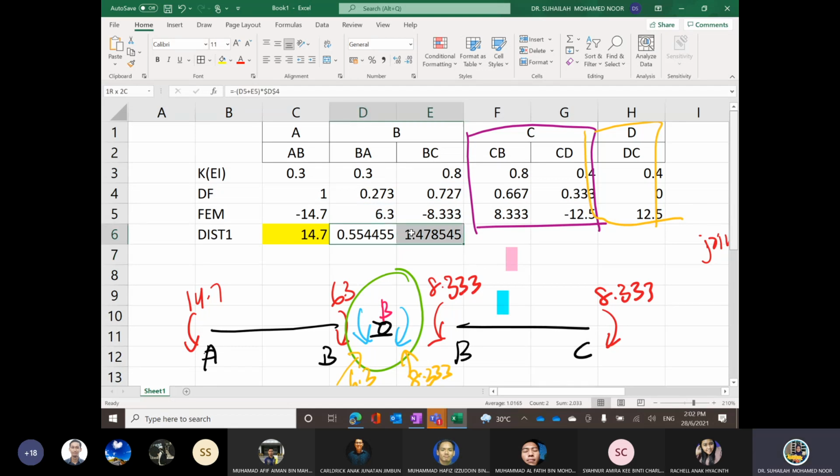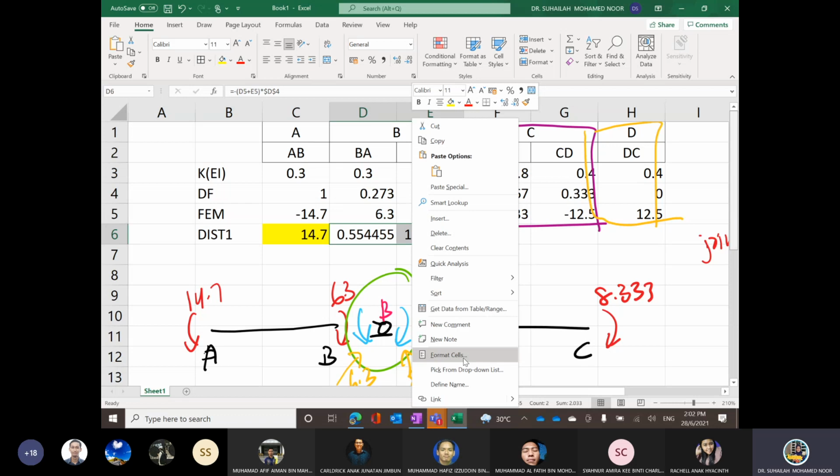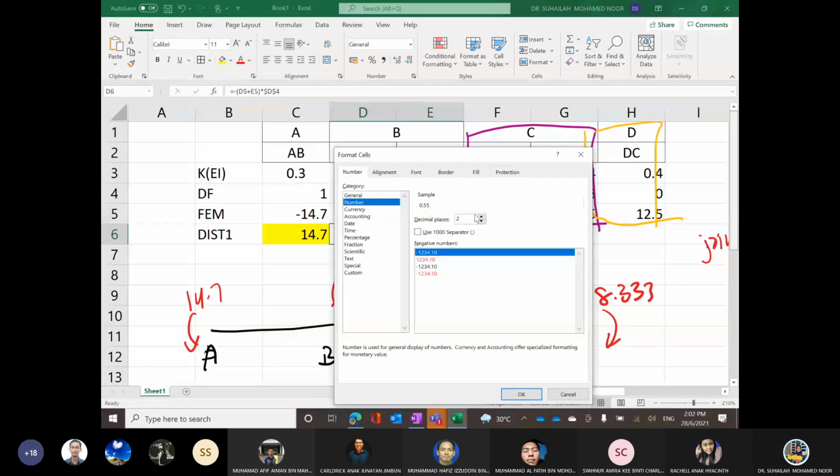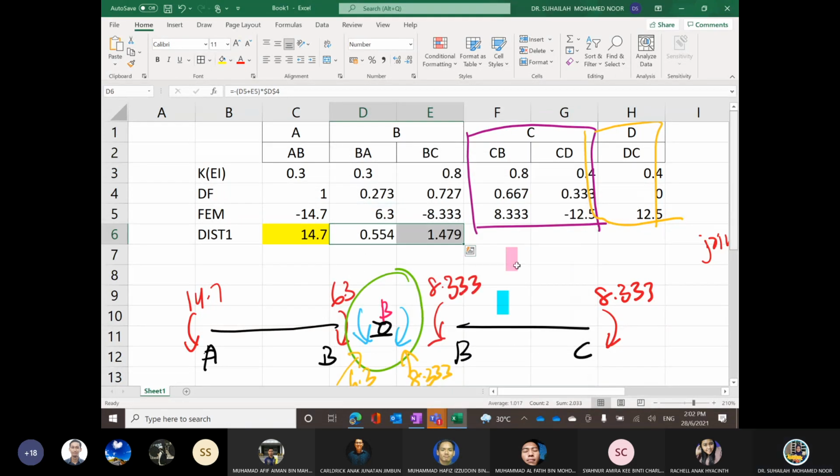Okay. And we can check these four values, okay, must equivalent to 0 because the moment at joint B, because B is roller support, the total moment must equal to 0. Let's calculate the total: 6.3 minus 8.333 plus 0.554 plus 1.479.